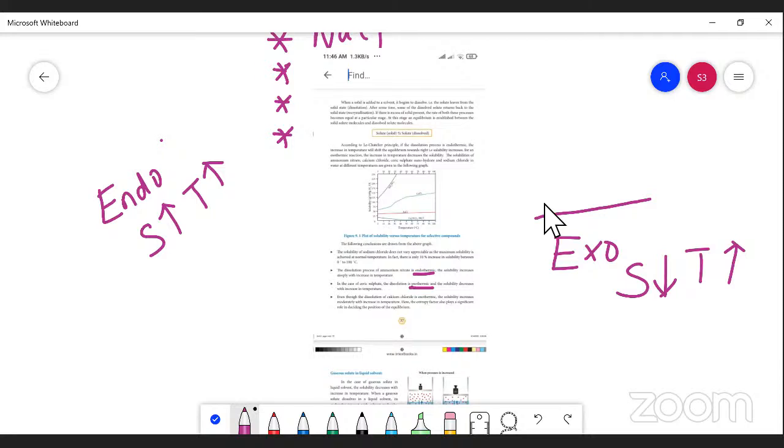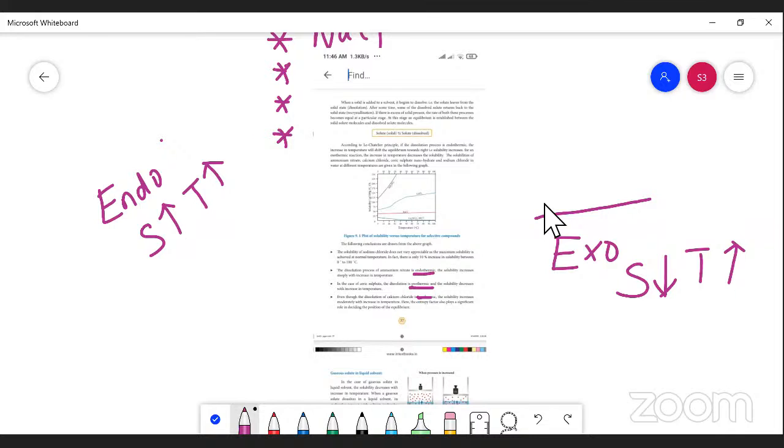Then, even though the dissolution of calcium chloride is exothermic, solubility should decrease with increase in temperature, whereas here solubility increases moderately with increase in temperature.